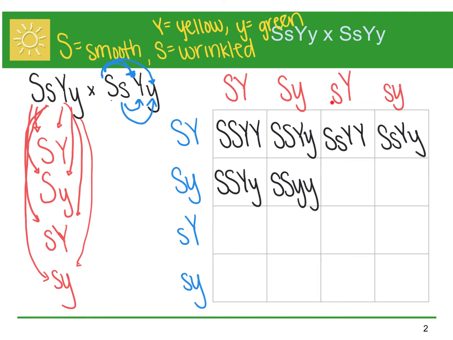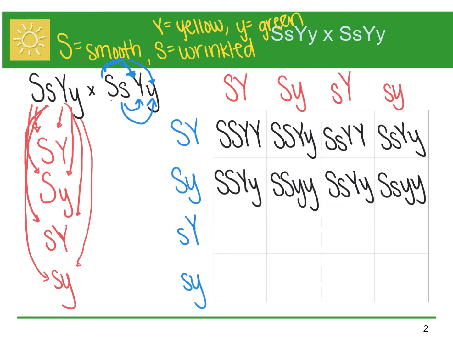For the third box, we have capital S, lowercase s, capital Y, lowercase y. And for that last box, capital S, lowercase s, lowercase y, lowercase y. Any questions on that second row?